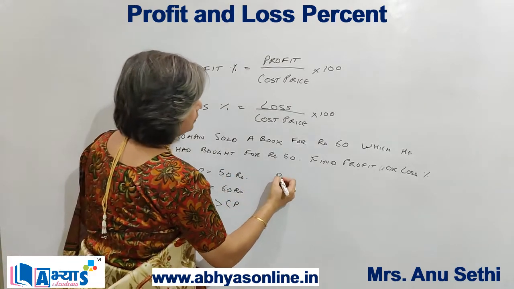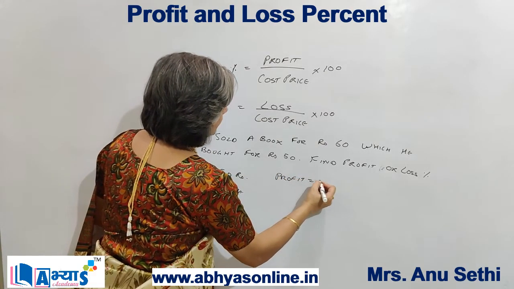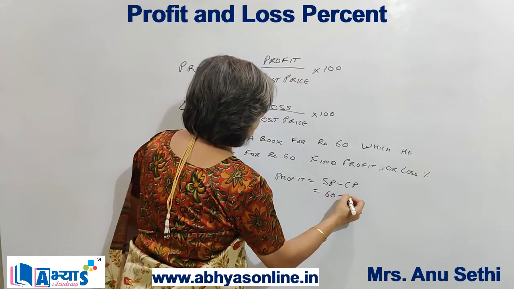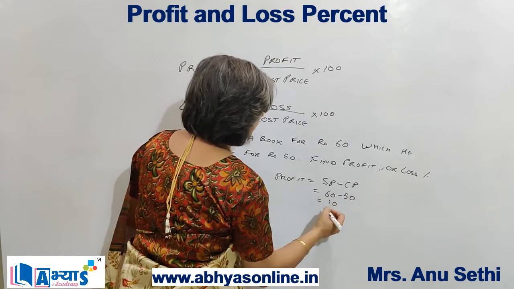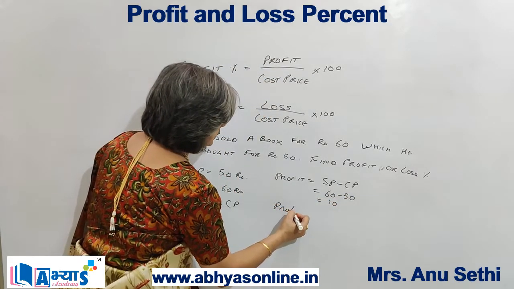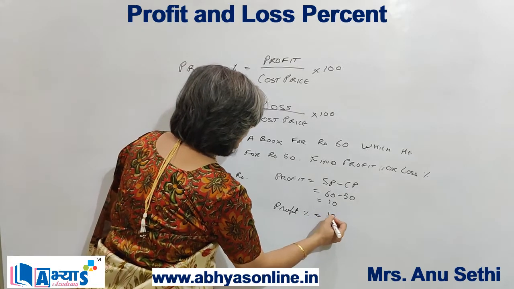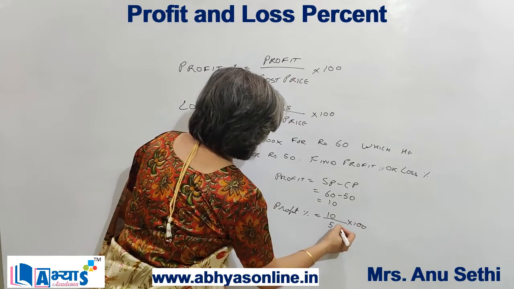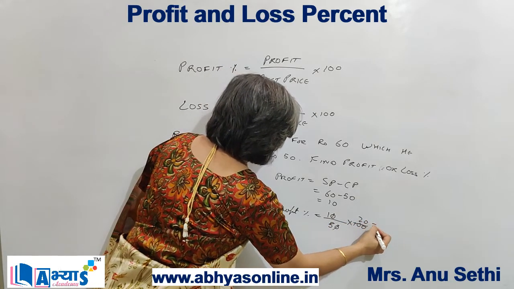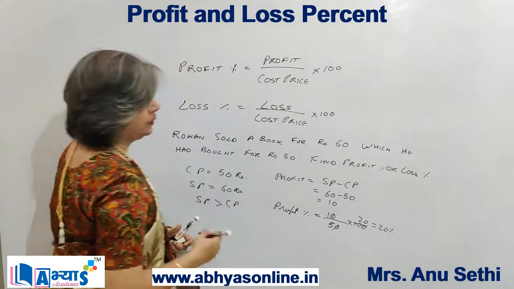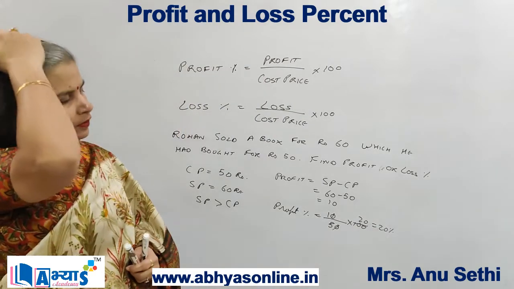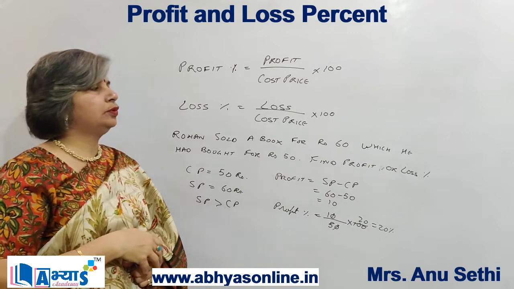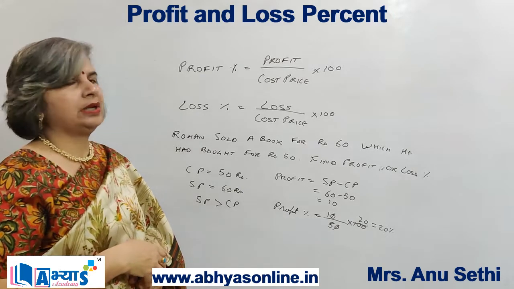So profit is equal to SP minus CP, or 60 minus 50, that is 10, or we can say profit percent is equal to 10 upon cost price, which is 50, into 100. So we will get 20%. So we can say Rohan is making a profit of 20% by selling the book at rupees 60 which he had bought at rupees 50.